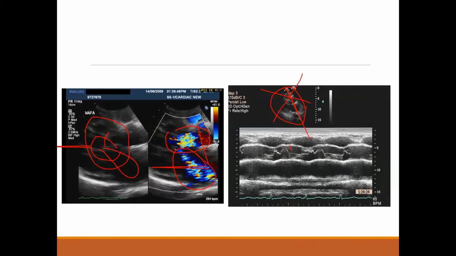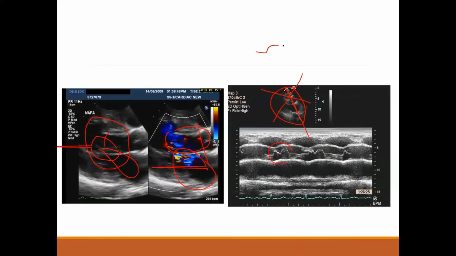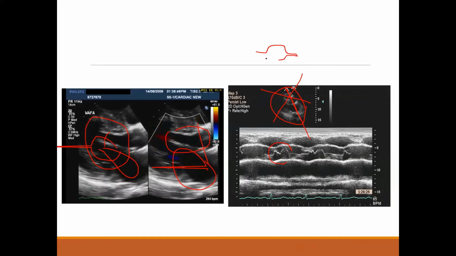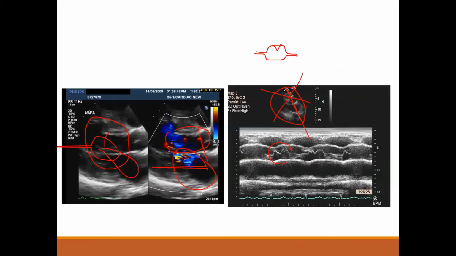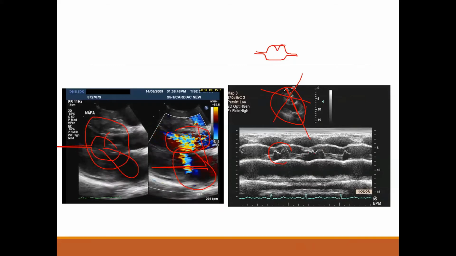So why does it look abnormal like this? I know we are familiar that the normal aortic valve looks like a rectangle. It opens and closes this way. So why now is this a mid-systolic notch?